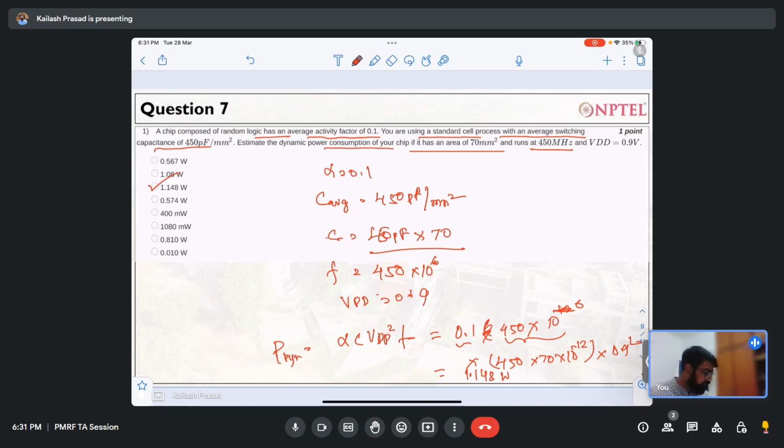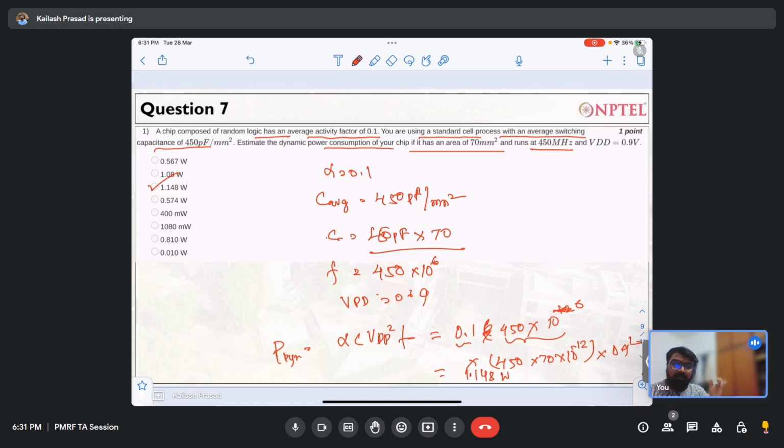So this is the question on dynamic power. You have to understand that in most cases, dynamic power is the major chunk of power consumption, and it happens whenever there is switching.